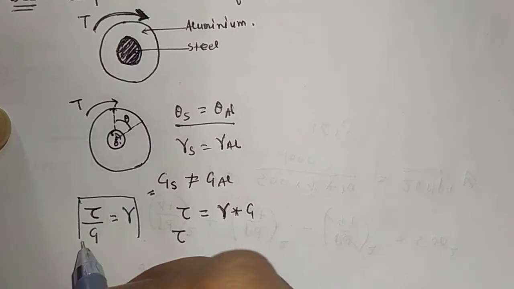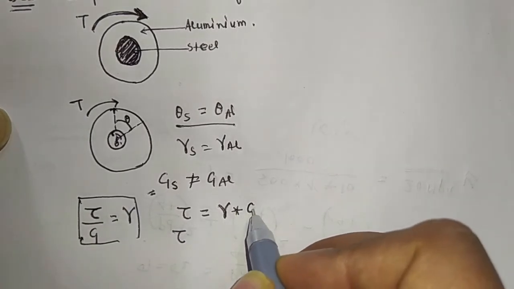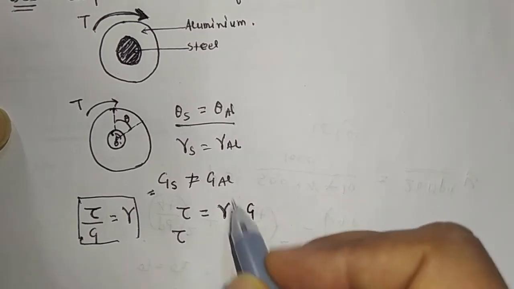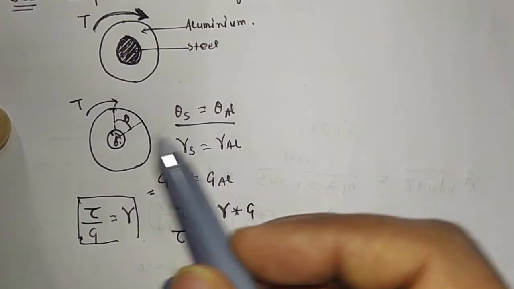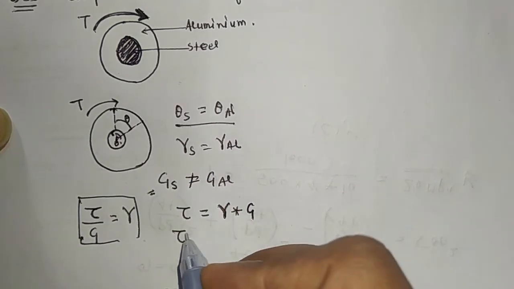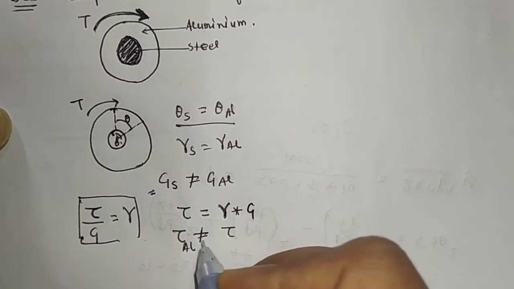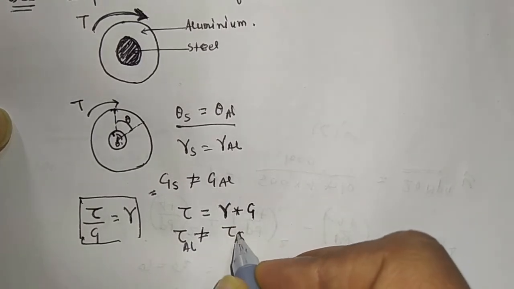From this formula, shear stress will be equal to shear strain multiplied by shear modulus. However, the shear strain is the same for both materials, but the shear modulus is different. So the shear stress in aluminum will not be equal to the shear stress in steel.